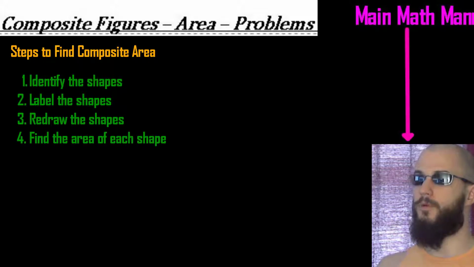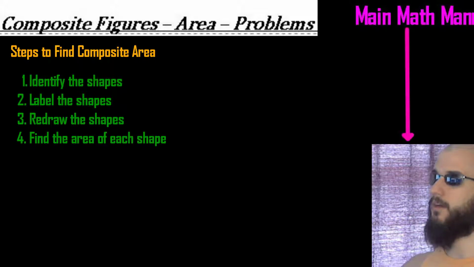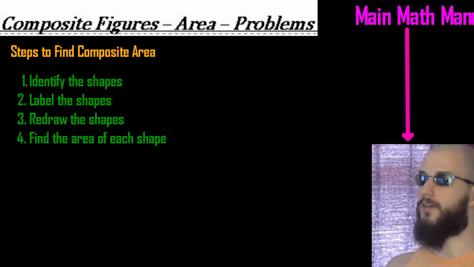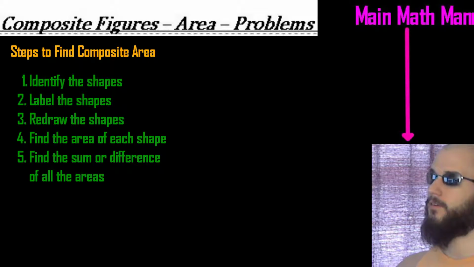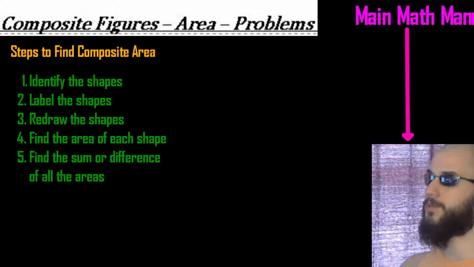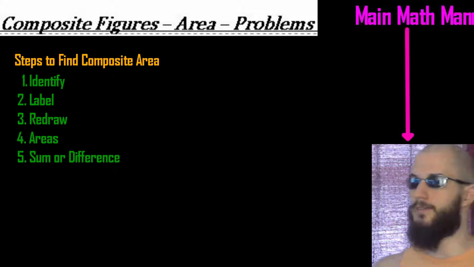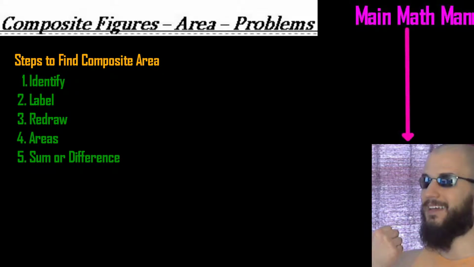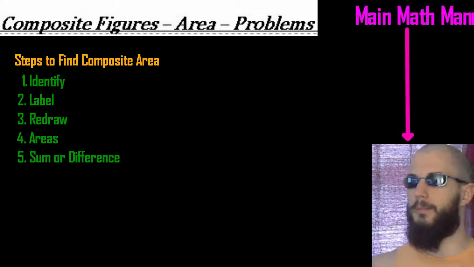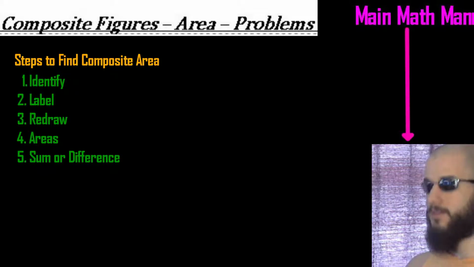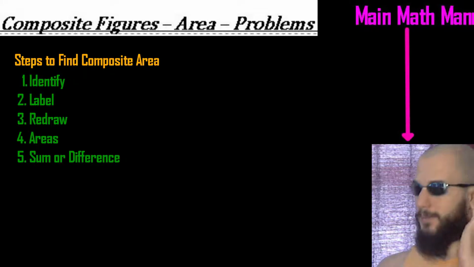Number 4, find the area of each shape. Topping us off at number 5, find the sum or the difference, depending on the problem, of all the areas. To keep it simple for ourselves: identify, label, redraw, find those areas, and then find the sum or the difference.